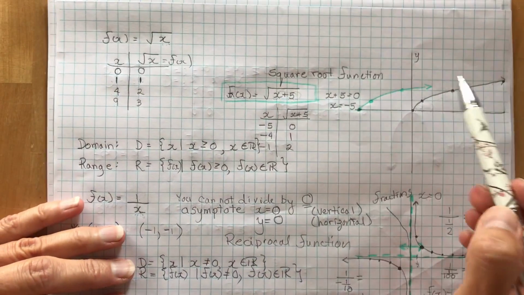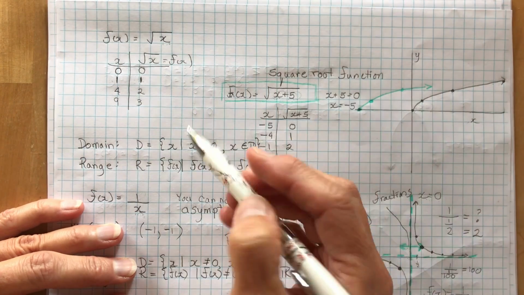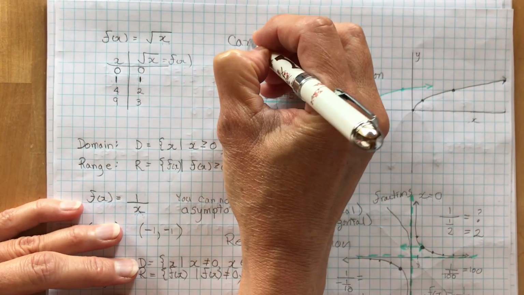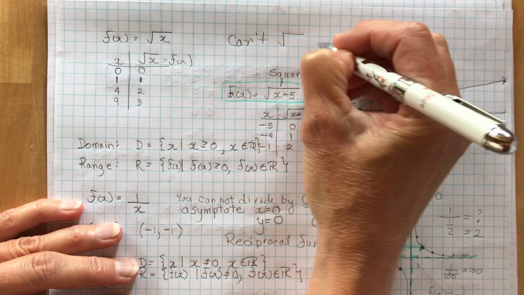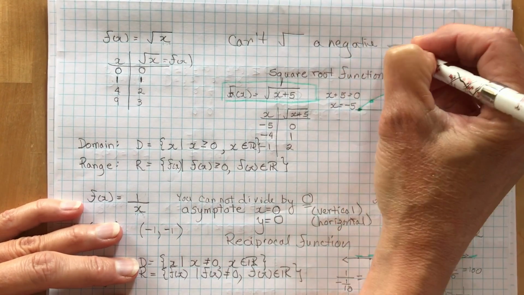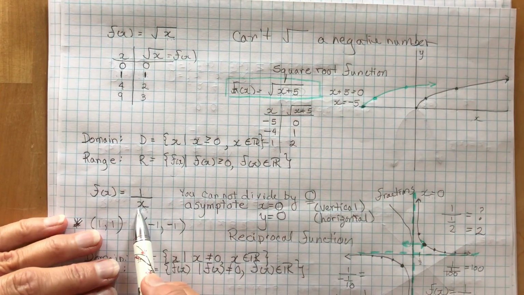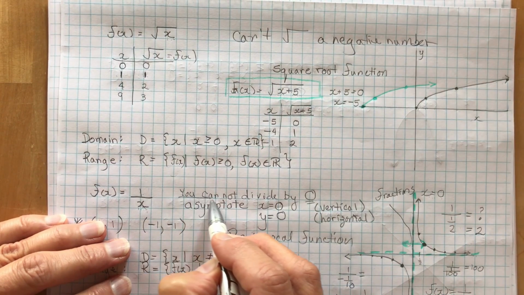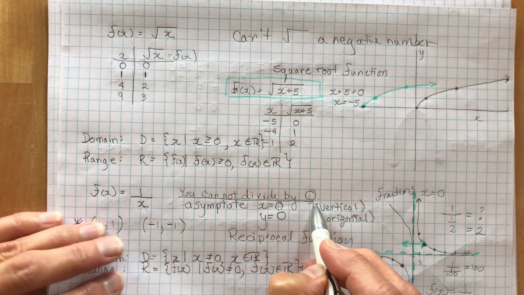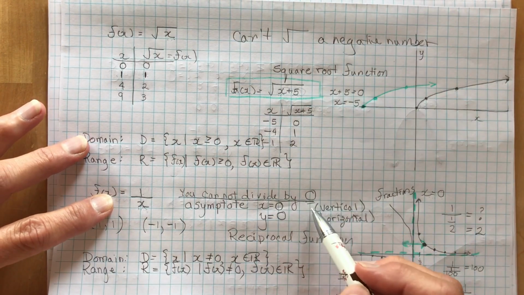Square root function, whoops, no, there is a restriction because I can't take the square root of a negative number. You can't do that. What can't you do with 1 over x? You cannot divide by 0. So those are things that make restrictions on functions.